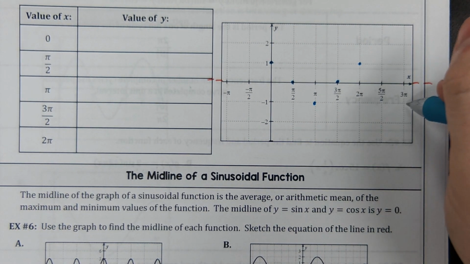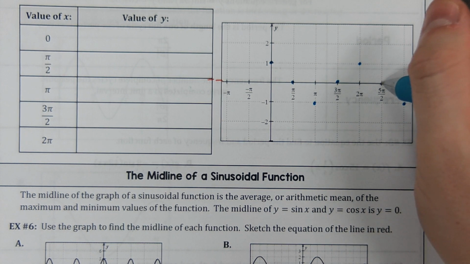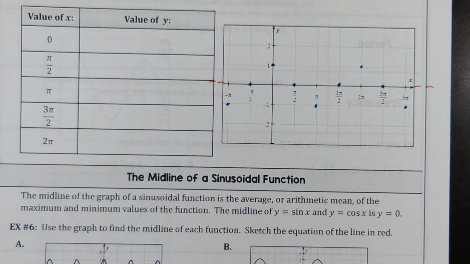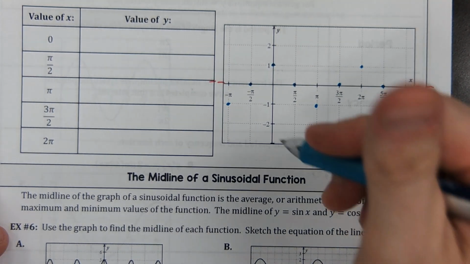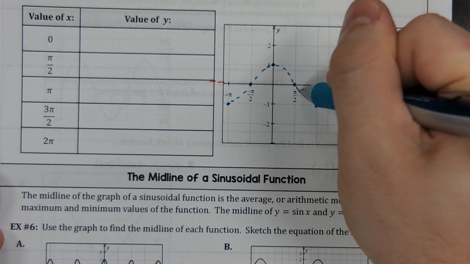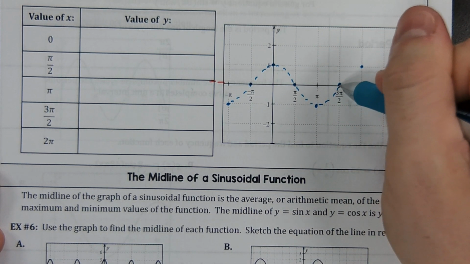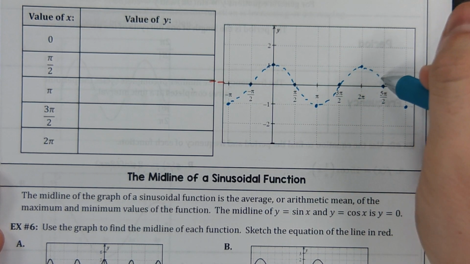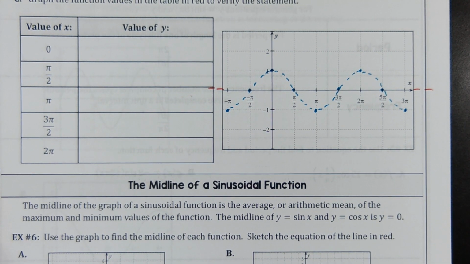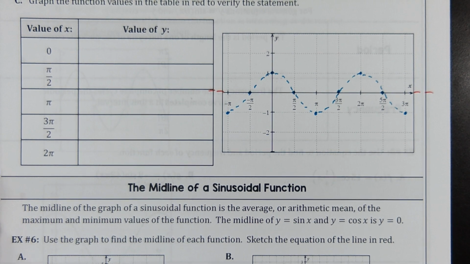Minimum to minimum is also period length. So this is cosine of theta as a dotted line, from negative pi to 3 pi. Awesome.